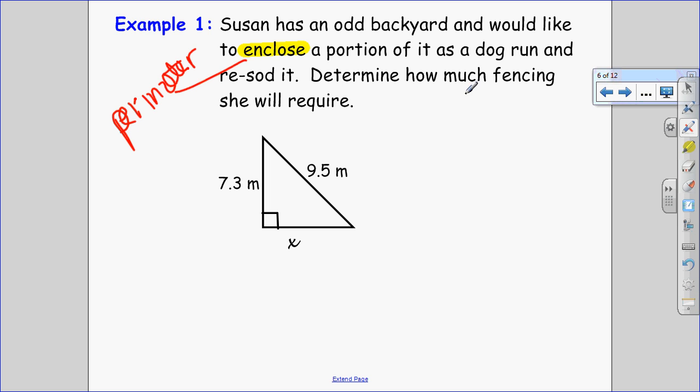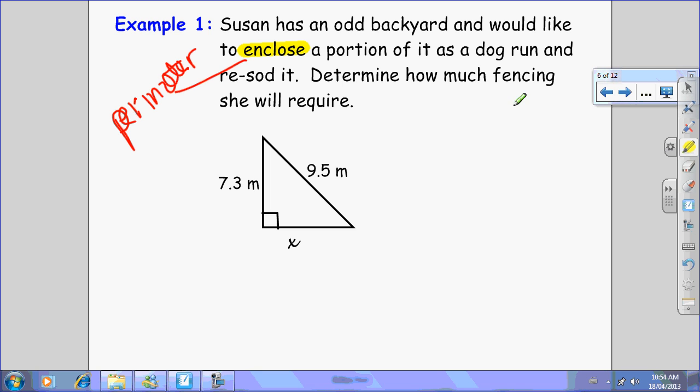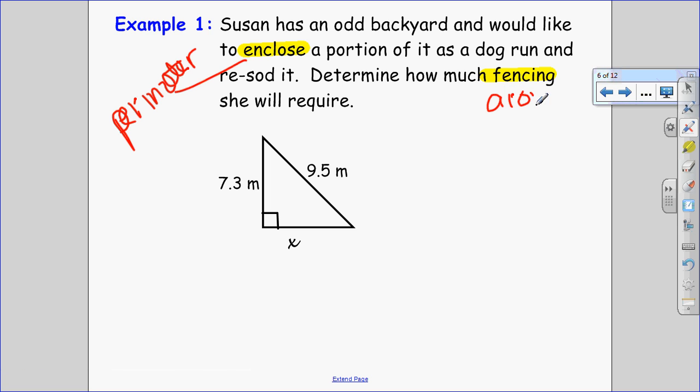So I usually would highlight and write myself a note at the side. Determine how much fencing she will require. Well, fencing tells me around, which reinforces that I need the perimeter. So in order to do this question, I need to add up my side lengths, but I don't know one of them.